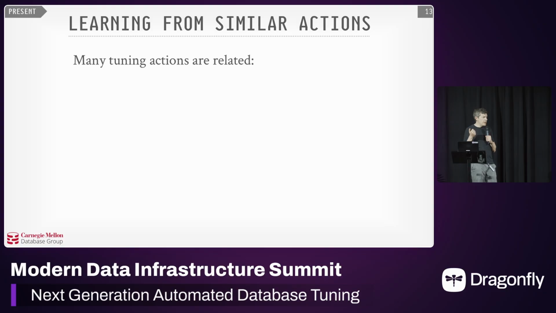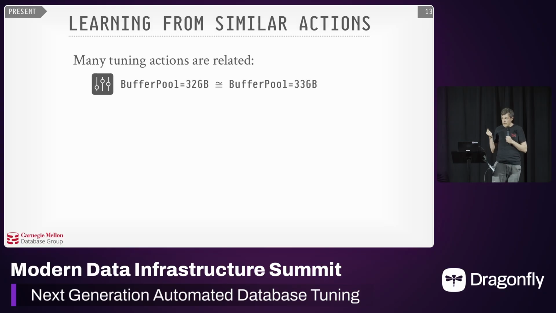Say I can tune the amount of memory I'm going to use for my buffer pool manager. Setting the buffer pool manager to 32 gigs roughly does the same as setting it to 33 gigs. In Postgres, for example, you can set the shared buffer size to any arbitrary number between 0 and whatever, 64 bits you can go up to. But the incremental jumps from 1 megabyte at a time are not going to make a huge difference.